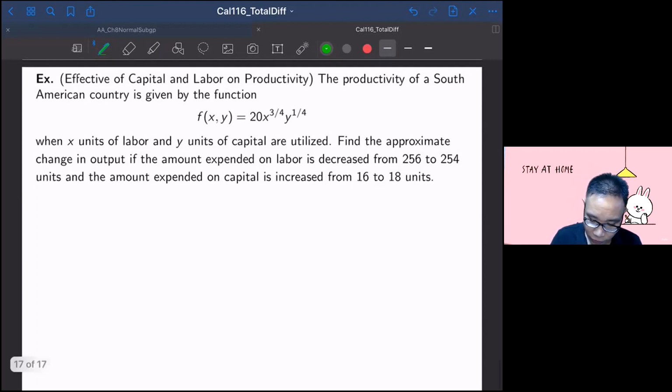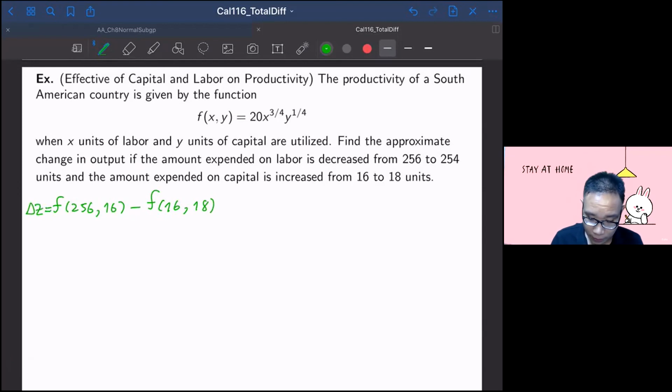So you'd like to have f(256,16) minus f(254,18). Okay, so you'd like to find delta z.